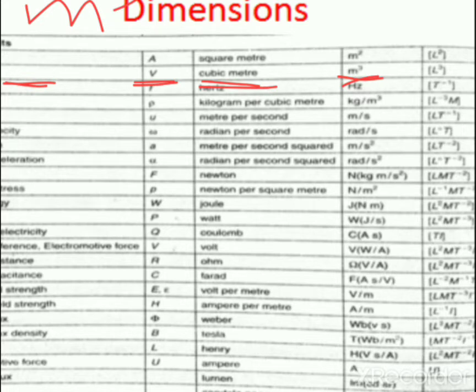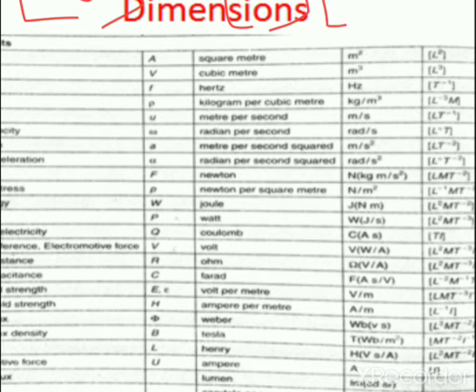And here in the dimension section it is given as the dimension of volume is length, breadth and height. These are the quantities which are having the same dimension.